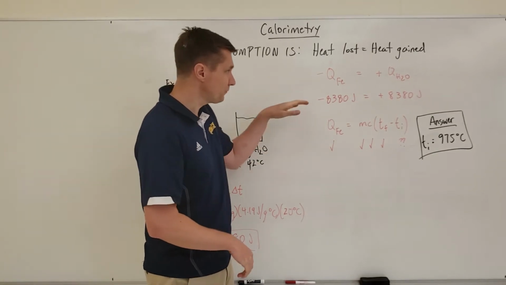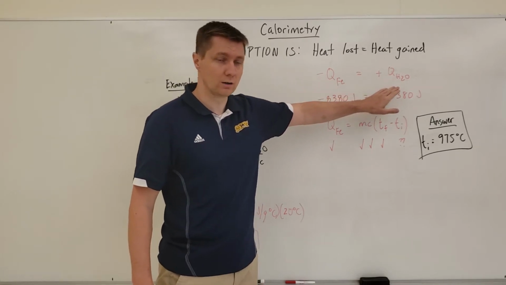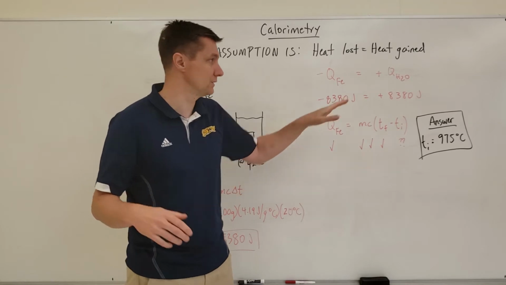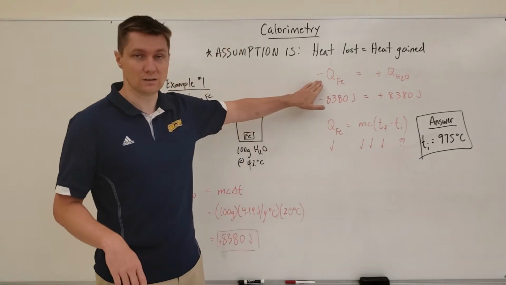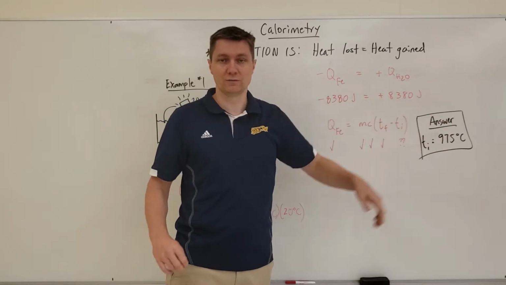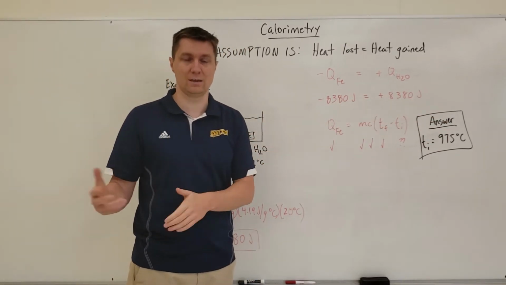So you can see I've got the Q of iron is equal to the Q of water. The negatives and positives are simply there to indicate this is heat gained and this is heat lost. If the water gained 8,380 joules of energy, that means the iron block lost 8,380 joules of energy.